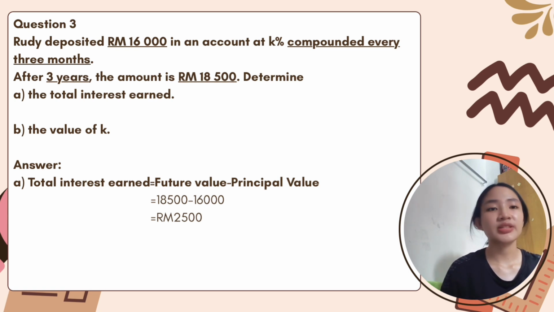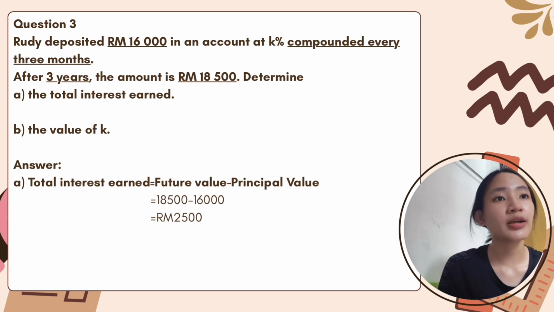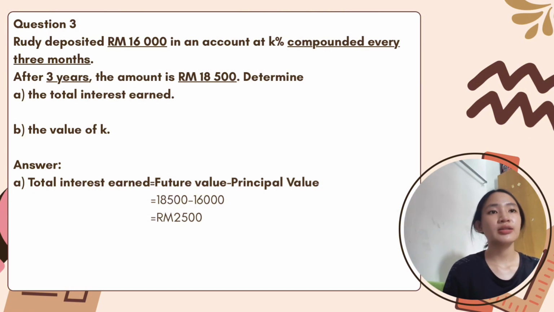Future value is the amount after 3 years, that is 18,500. The principal value is the amount that has been deposited in the account, that is RM 16,000. My solution is to subtract them: 18,500 minus 16,000. And the answer will be RM 2,500.